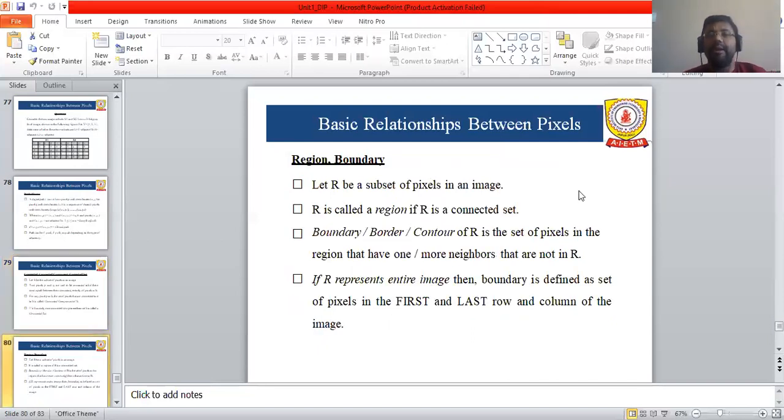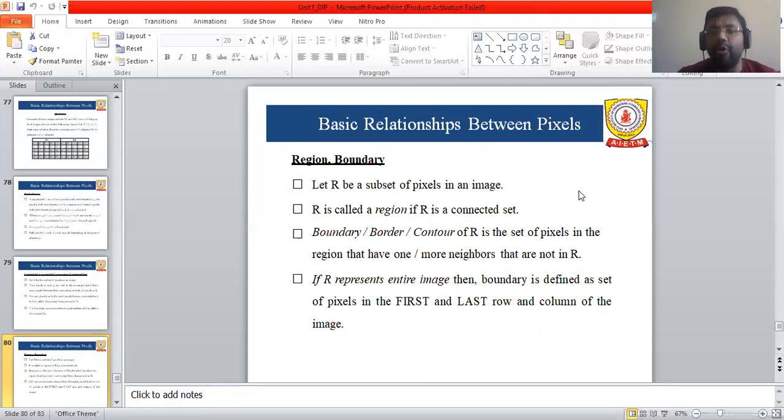Now, region and boundary. Let R be a subset of pixels in an image. R is called a region if R is a connected set. It may be an interior or an exterior region.